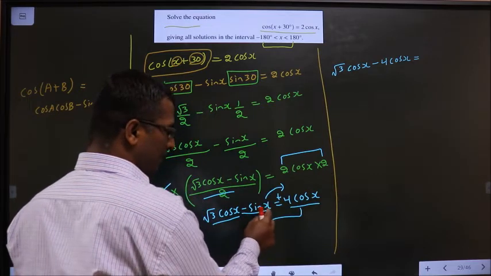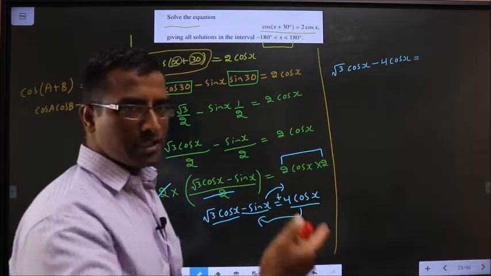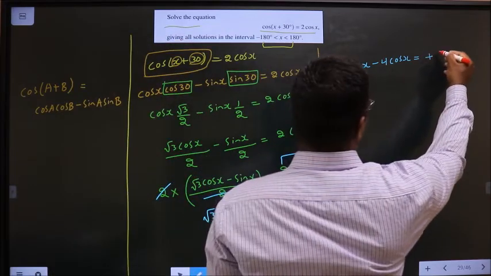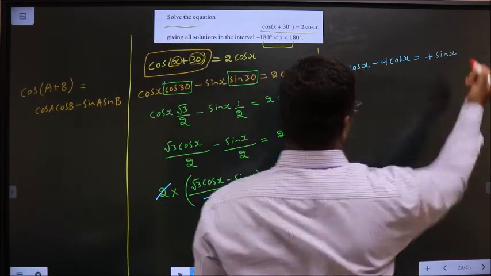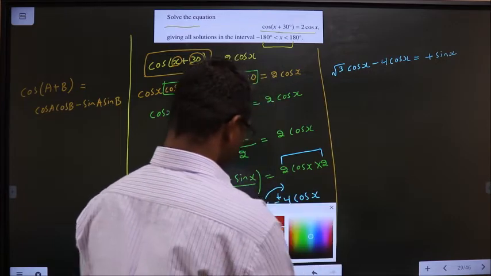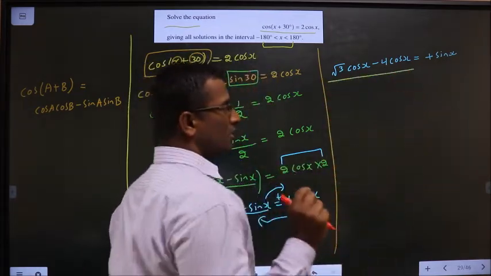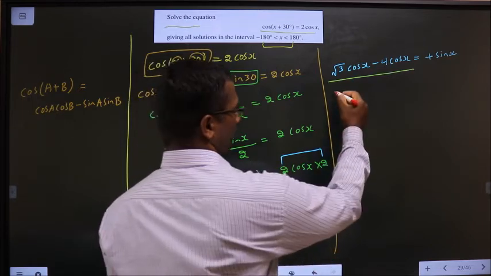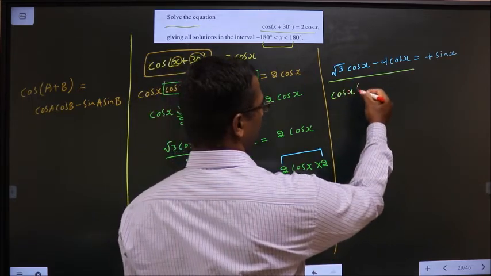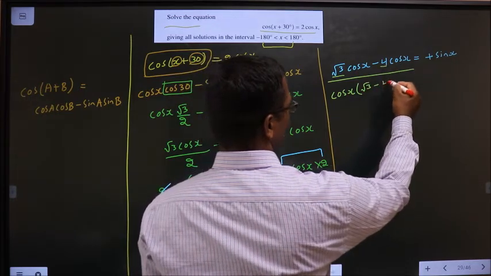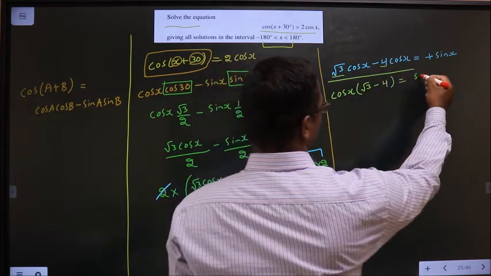Here you have negative sin x. When it got shifted it will become positive. So positive sin x. Now, from this take cos x common. So if I take cos x common, I get here is root 3 and over here minus 4 equal to sin x.